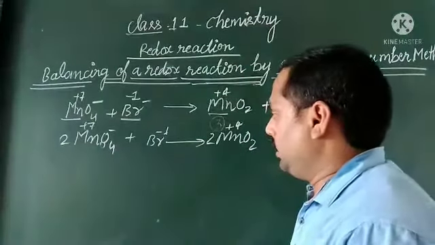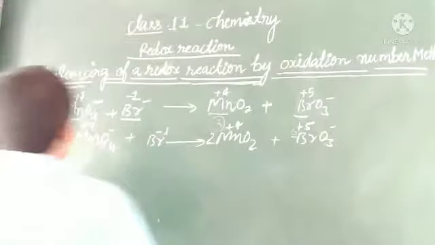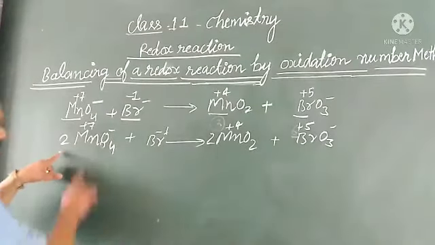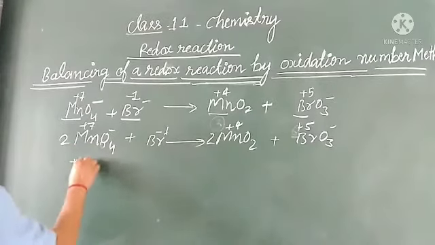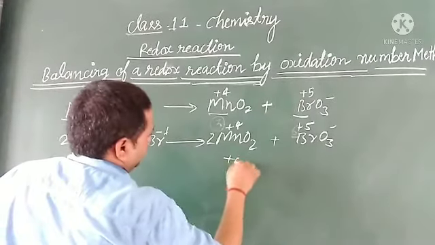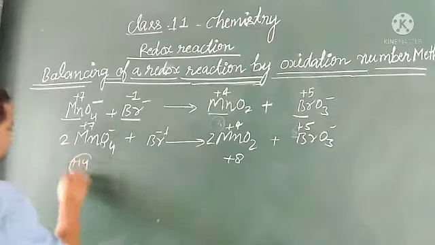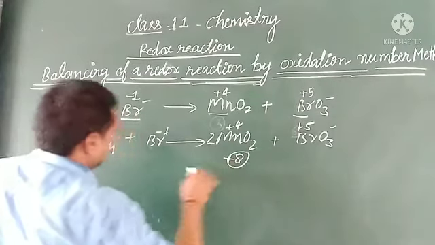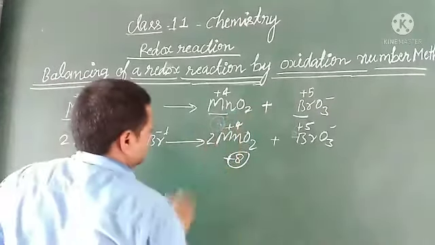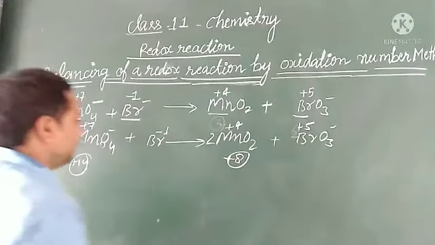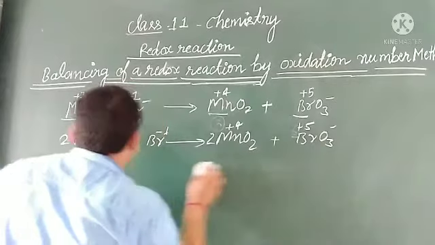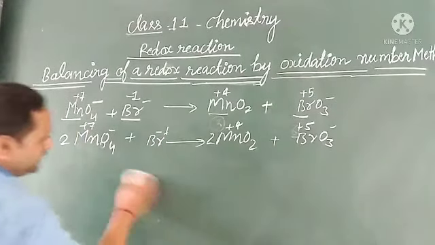Plus 7 means overall plus 14 on this side, and there plus 8 overall, so the difference is 6 on the other side as well. Now the increase in oxidation number and the decrease in oxidation number have become equal, so we have completed this step.